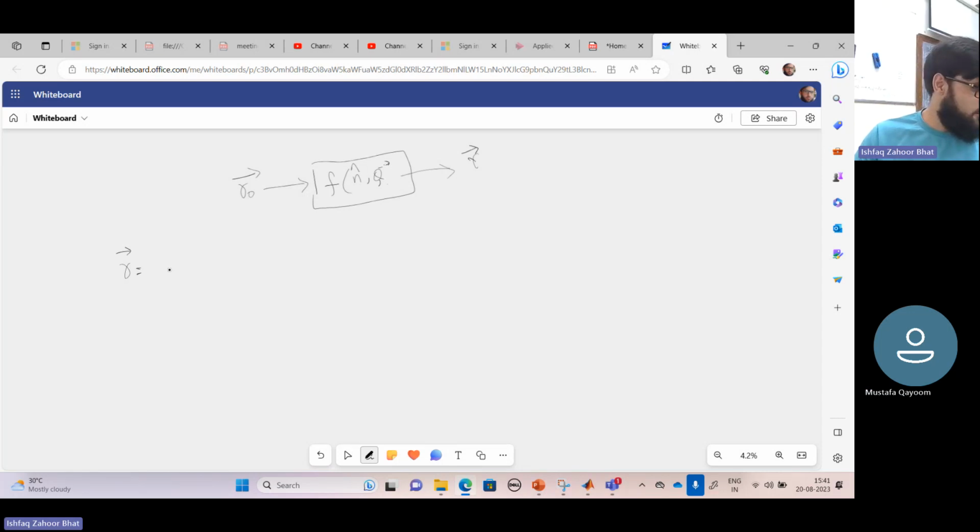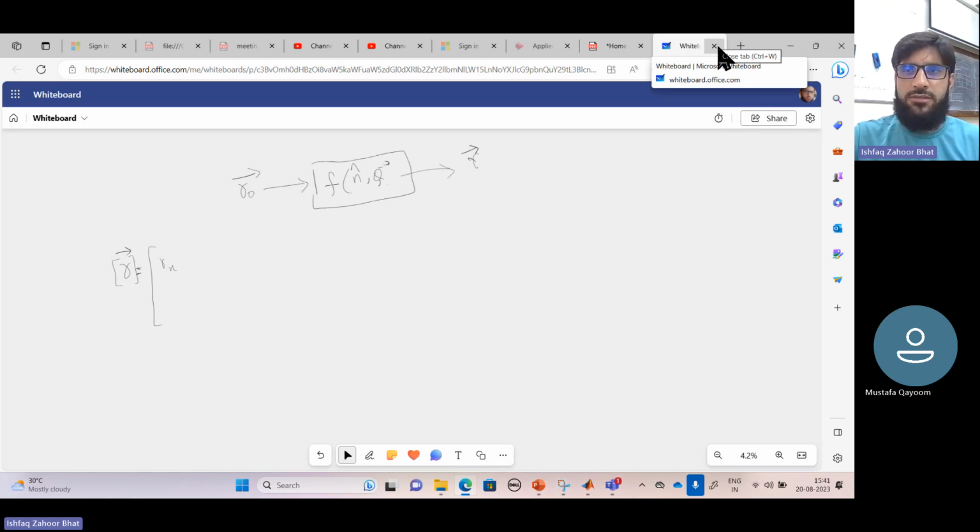In MATLAB, we can write the components for this R as... what is happening with this? I think I have to close this whiteboard and log in again because it is making some trouble. Just wait a minute, I will reconnect it.